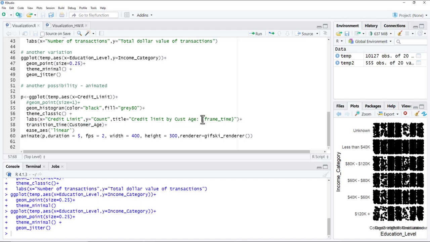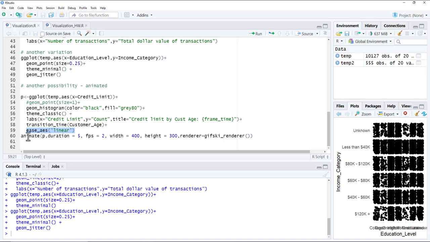And then the curly brackets, frame_time, stay the same for whatever you want to put in there, and this tells you what the transition time variable is when it goes to create the new plot. Then this ease_aes just tells it how to smooth the transition between the different plots.